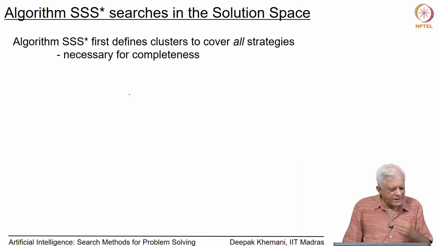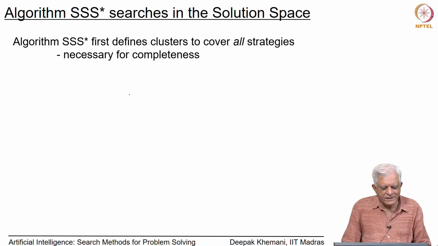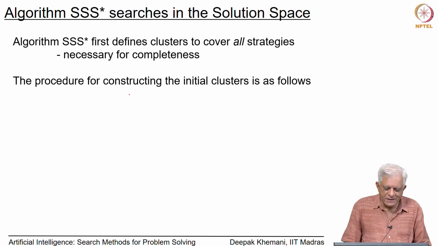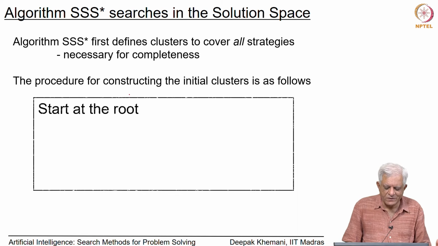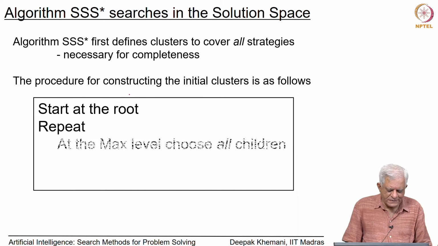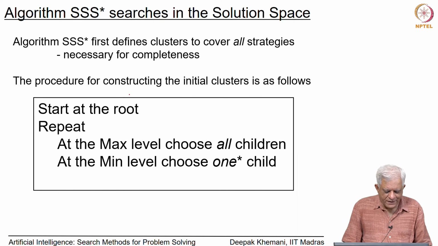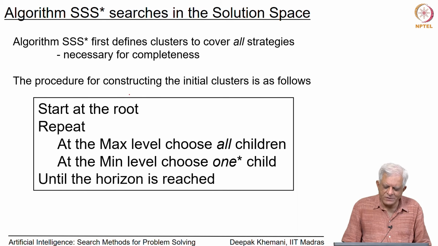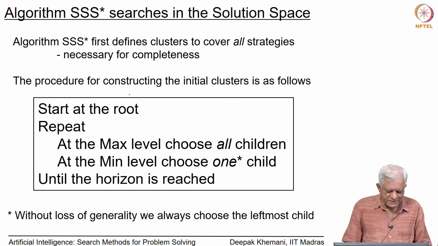So, remember we said there are 8 strategies in our small tree, and we need to cover all those 8 strategies, and we had guessed that we need 4 leaf nodes to cover them. Those nodes can be found as follows, and there is a procedure for constructing the initial clusters, which says: start at the root and repeat the following. At the max level choose all children, because you want to cover all possible strategies, and at the min level choose one child, because you just want to have a partial strategy, and you do this till the horizon is reached essentially.